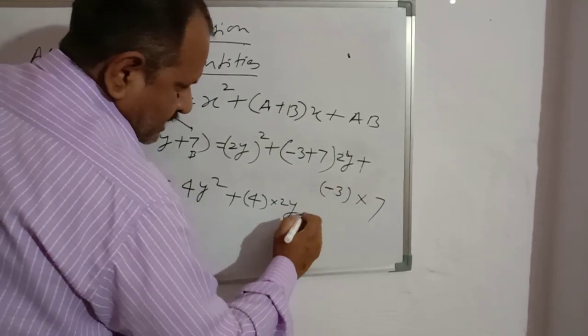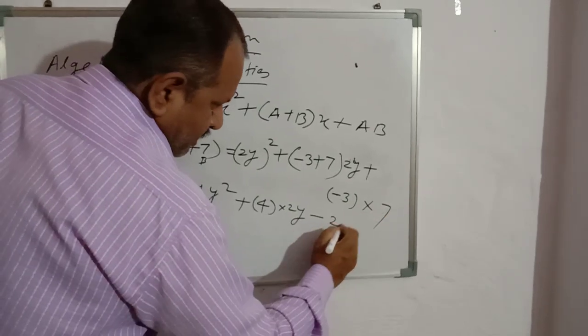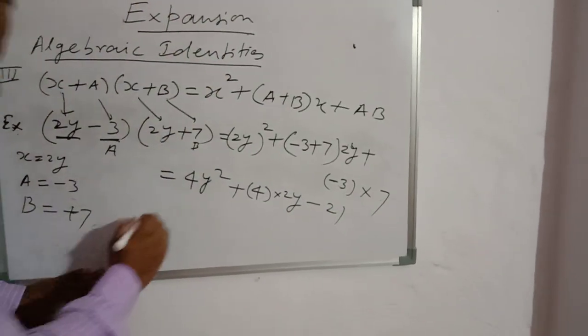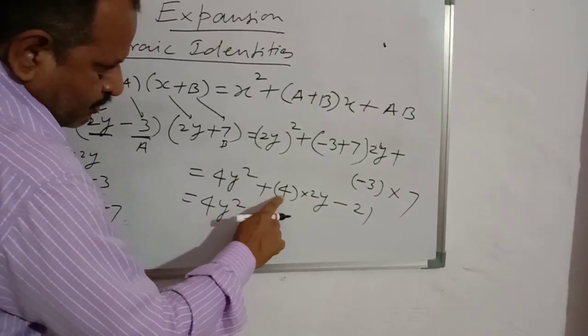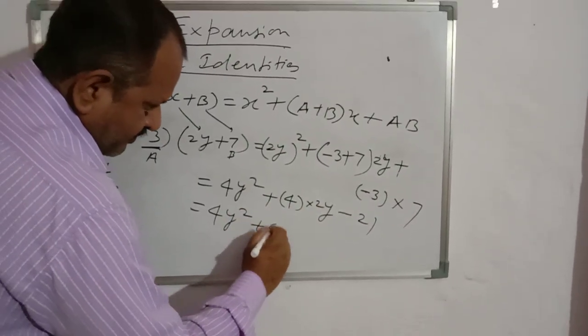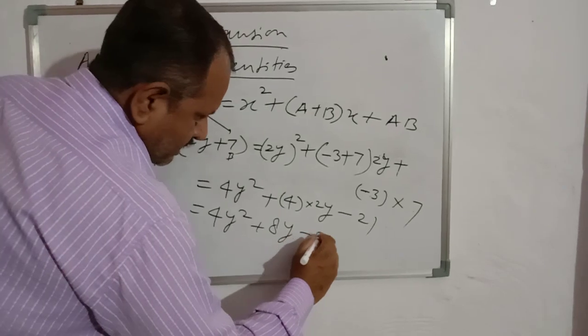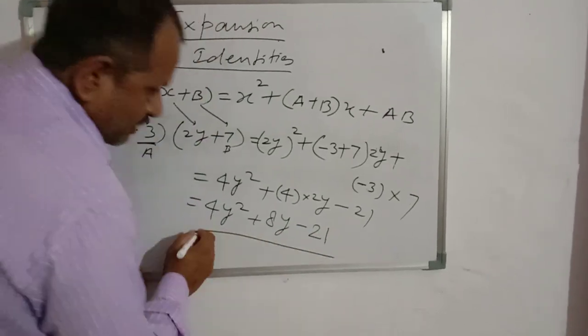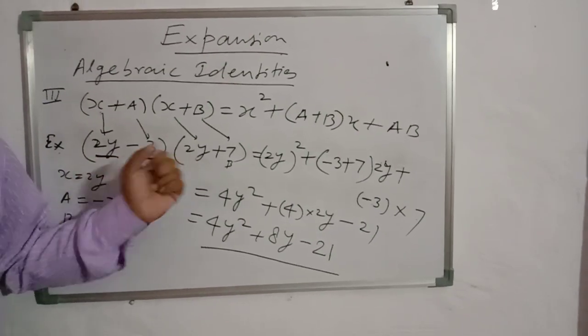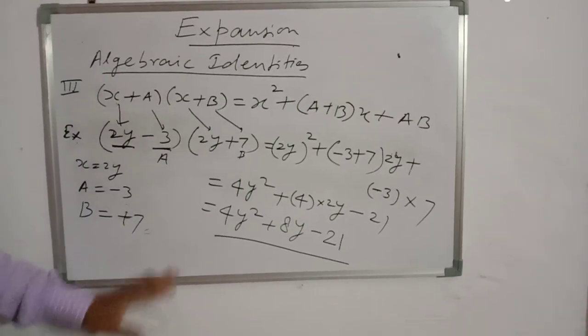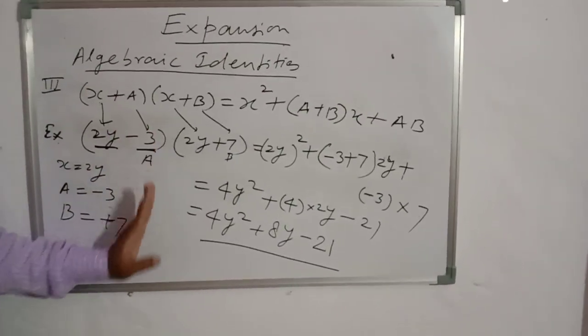And plus into minus, minus 3 into 7, 21. 4y square, 4 into 2, 8y minus 21. This is the final answer of this product. So I think you understood it.